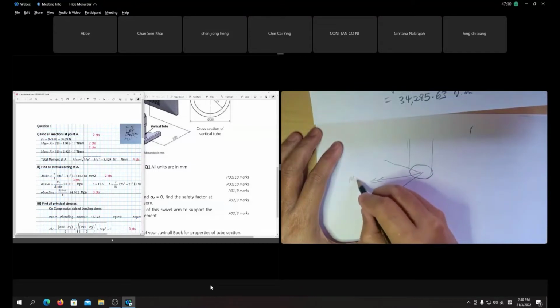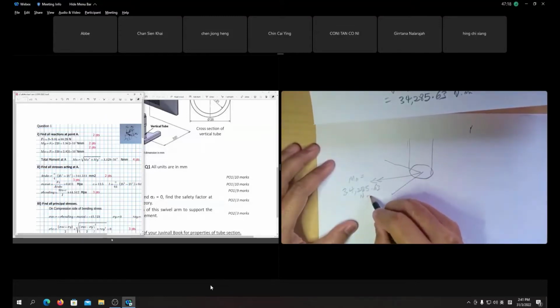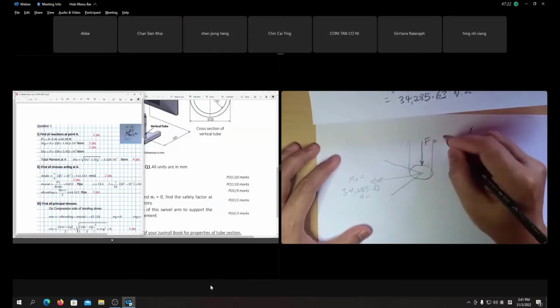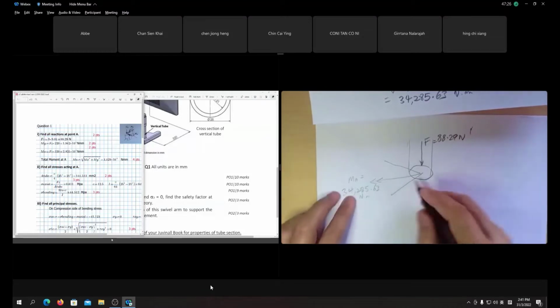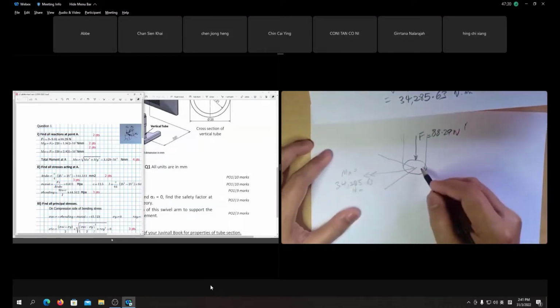MA ni is 34285.63 Newton millimeter, okay? Millimeter. And also we have downward forces. Force is 88.29 Newton. So ini our moment is like this. We don't have torsion, right? We don't have torsion. So what is the stress happen at this section?